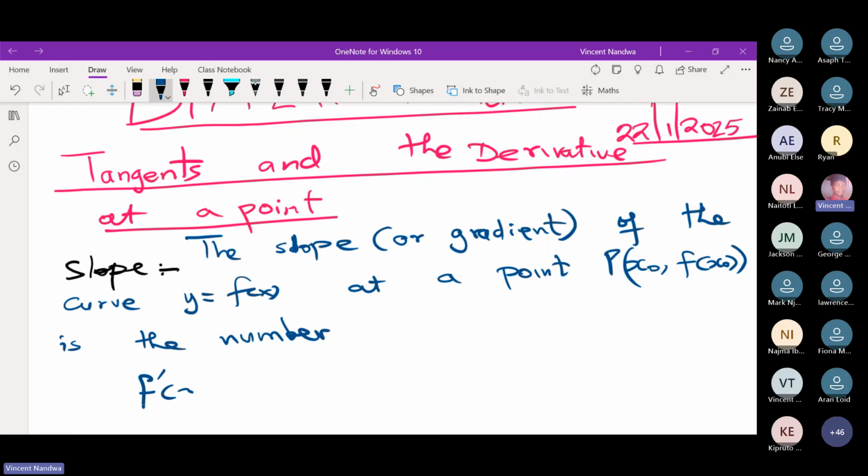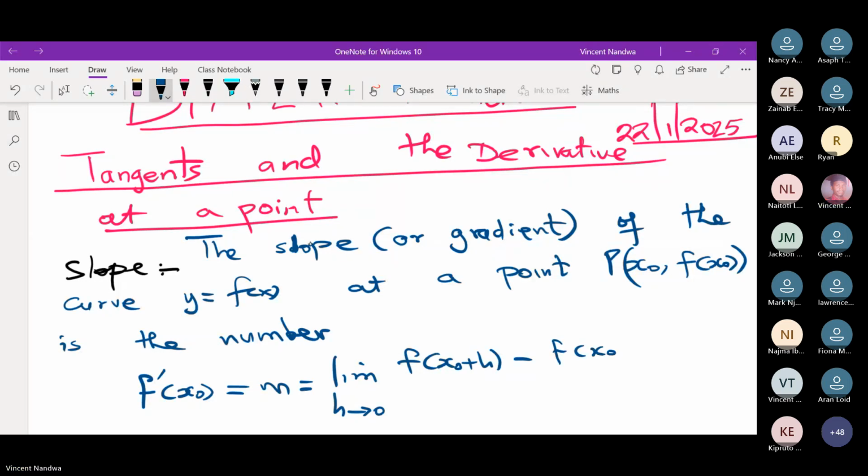we write f prime at x naught, or we give it the letter m, limit as h approaches 0 of f of x naught plus h minus f of x naught divided by h, provided that this limit exists.